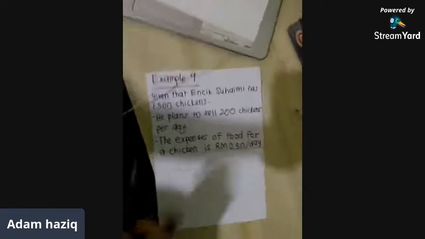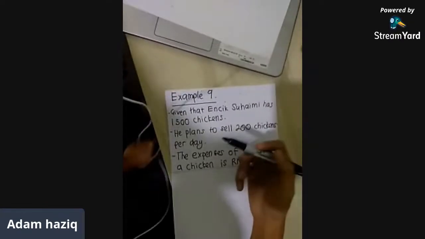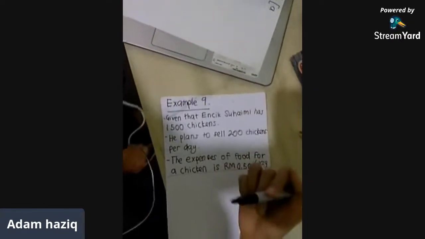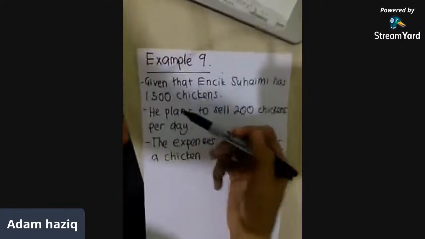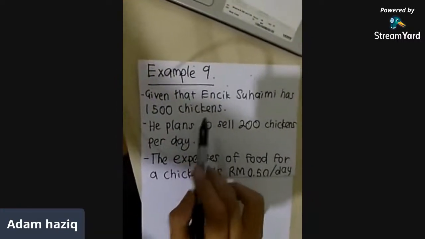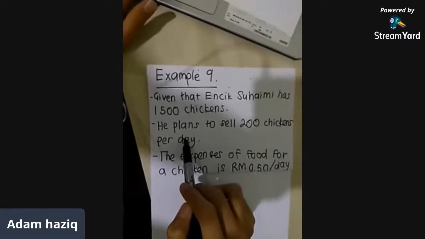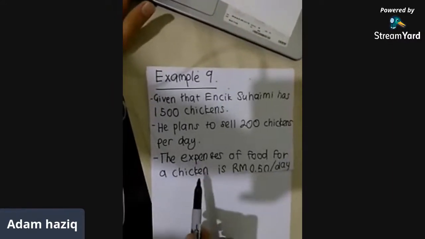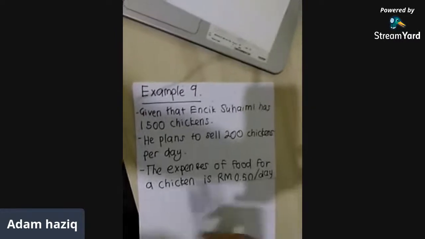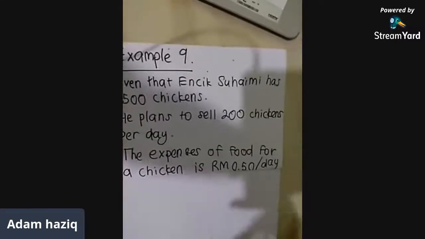So, from example 9, I have extracted some information given from the statement. The first information would be, given that Encik Suhaimi has 1,500 chickens, he plans to sell 200 chickens per day. The last one will be, the expenses of food for a chicken is RM0.50 per day.